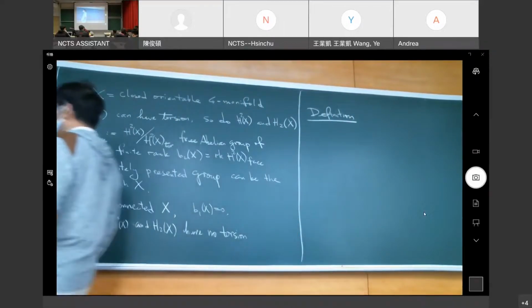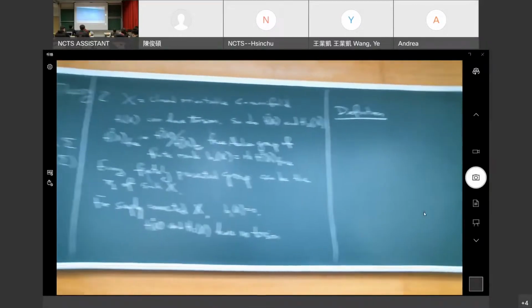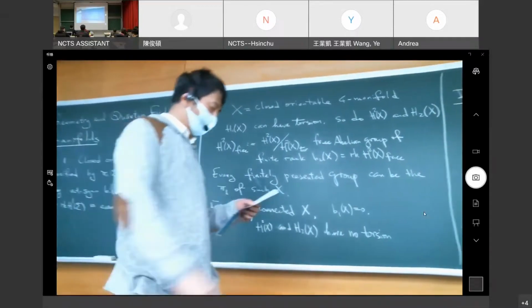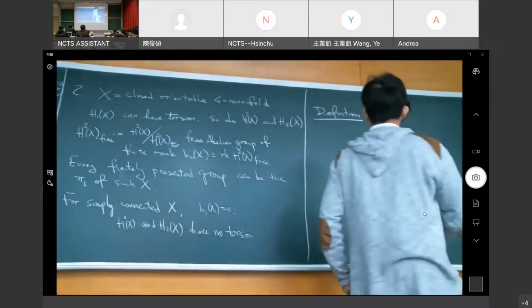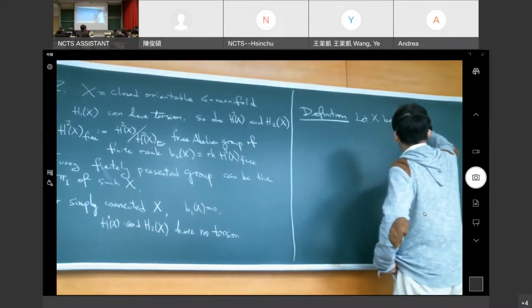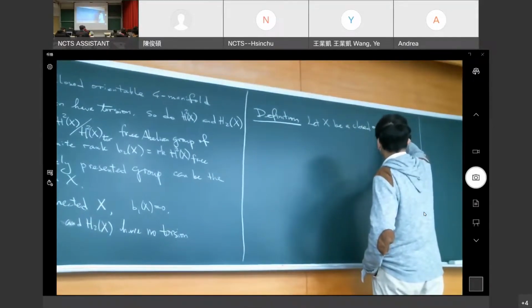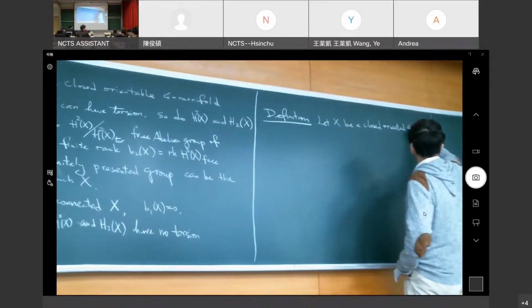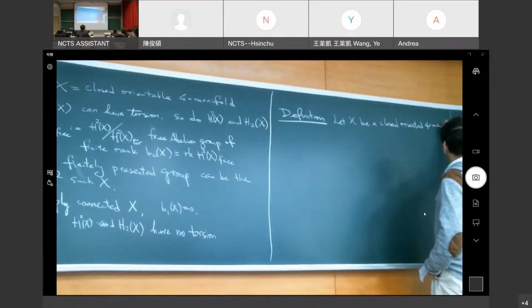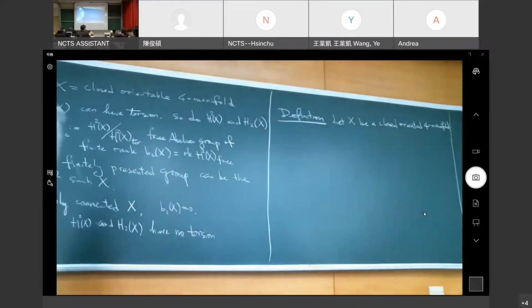Now, I'm going to first talk about the four-dimensional analog of the intersection form. So again, let X be a closed oriented four-manifold, because I do want an orientation. And I'm not assuming for the moment that the space is simply connected.